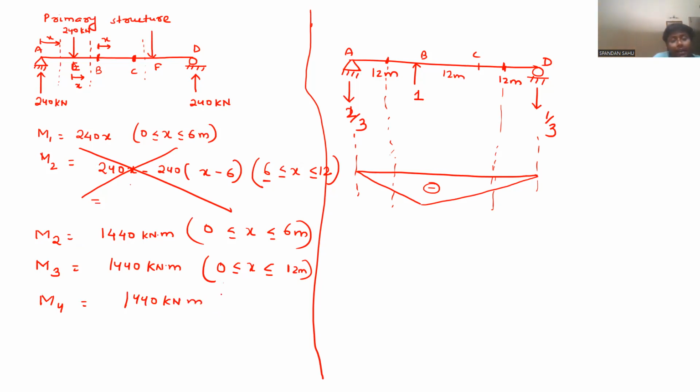And your x is varying from 0 to this CF, 6 meter.